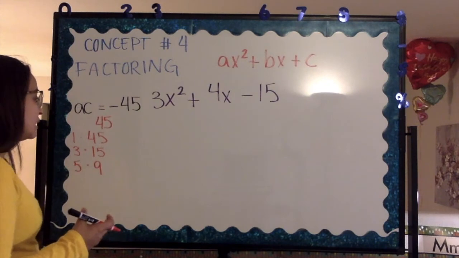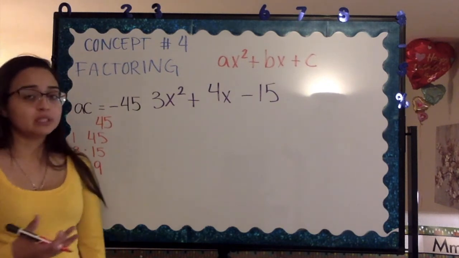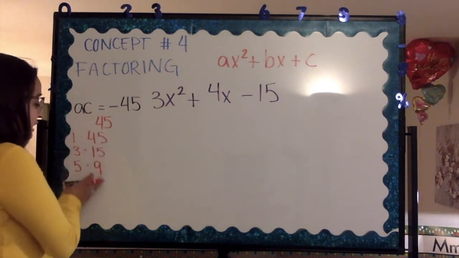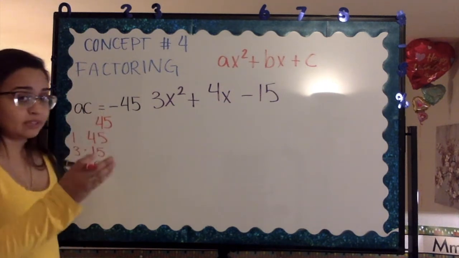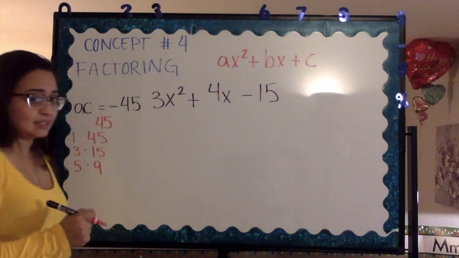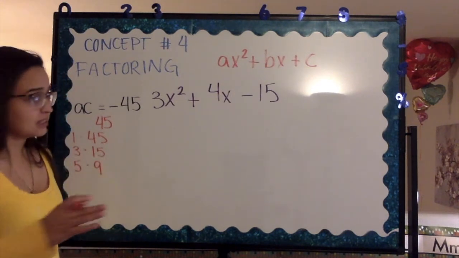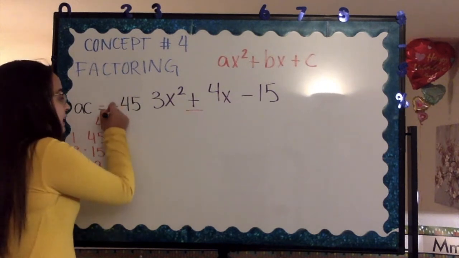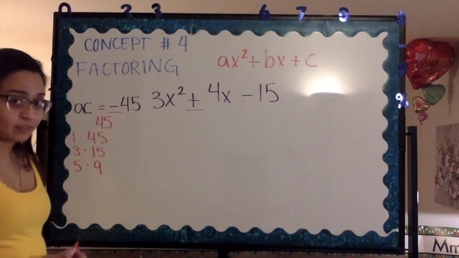Now, as we normally would, we need to find out which combination of factors will give us 4x. Not just 4x, a positive 4x and a negative 45.